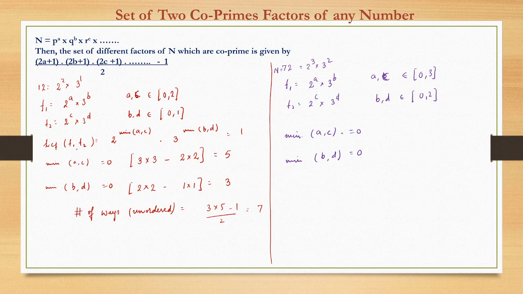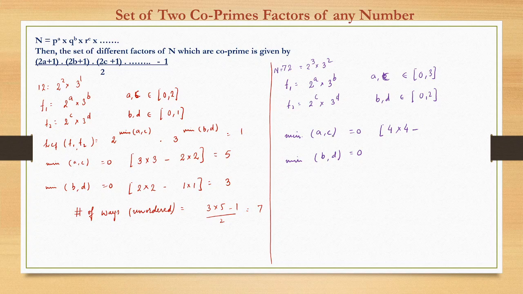Now, if we just use the concept of probability, A can take how many values? A can take 0, 1, 2, 3, 4 values, 4. Similarly, C can take 0, 1, 2, 3, 4, 4 values. But this also includes those values where neither A nor C has taken a value of 0. So we subtract those cases, when neither A nor C has taken value 0.